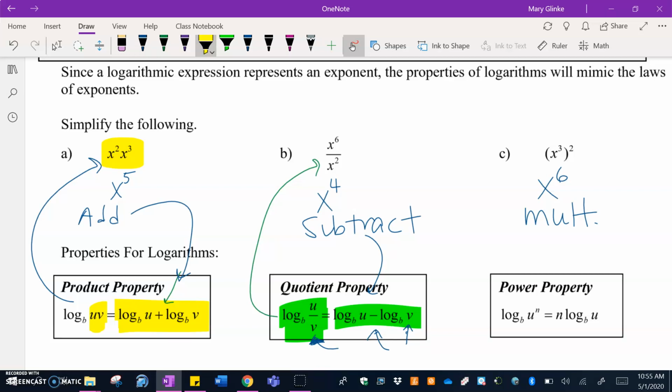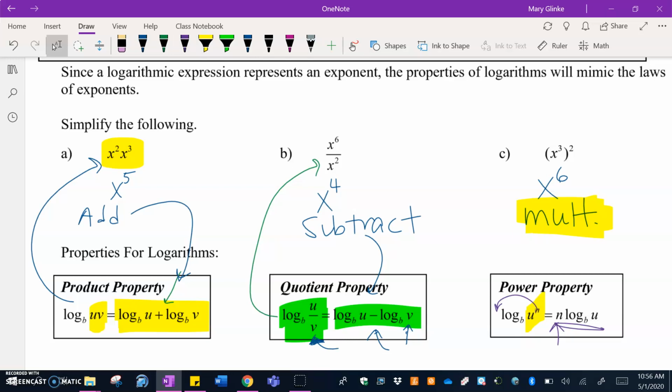And then the last one here, notice we have a power, something being raised to the power. That's going to be multiplication, and the way we're going to show that multiplication looks a little bit weird. We're going to bring that exponent that was up as your exponent in front to show the multiplication. That's where this is coming from.